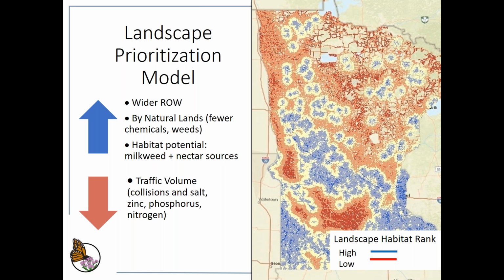This was built on land cover data surrounding roads. It builds in kind of the premise that rights of way that are near natural spaces have high values for connectivity, and it's reading the potential for there to be milkweed and nectar in those spaces, and then it's kind of downgrading for high traffic volume using roadside as a surrogate for that.